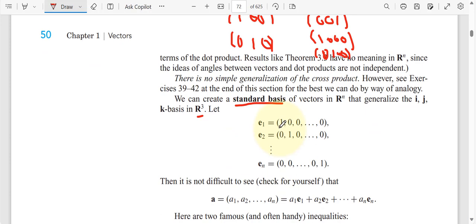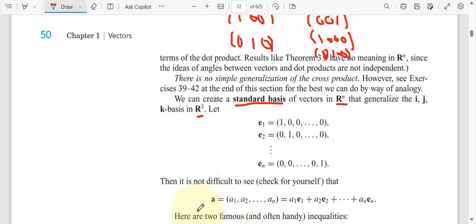More generally, for Rn, you'd have 1, 0, 0, ..., then 0, 1, 0, ..., and you go all the way, until you put the 1 at the end. Those are what are called the standard basis vectors for Rn. This is just a generalization of the idea of the i, j, and k basis vectors in R3.